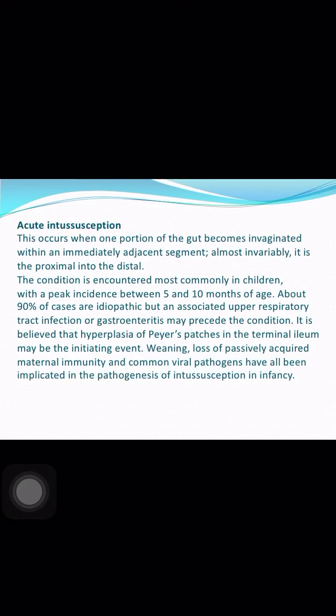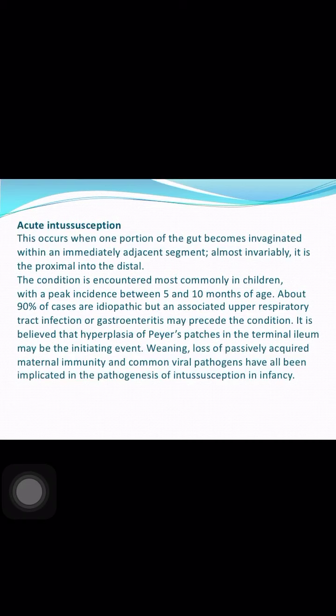About 90% of cases are idiopathic, associated with respiratory tract infection, diarrhea, due to hyperplasia of the lymph node within the Peyer's patch, leading to the leading point. This lymph node is considered a leading point to intussusception.